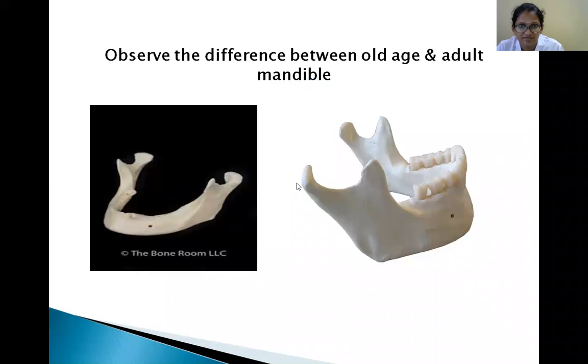And next, the difference between the old age bone and young bone. This is the young mandible and this is the old mandible. See here, what is the main difference?